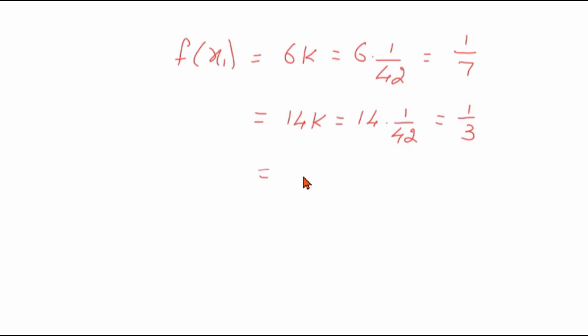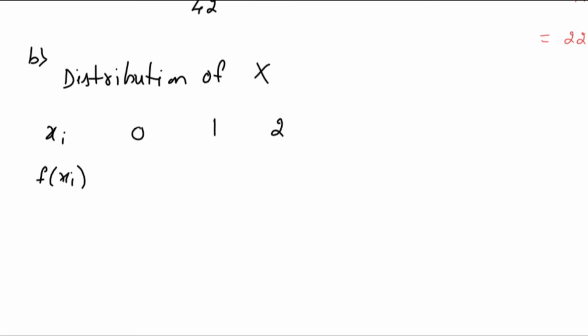The next value is 22 times 1 by 42, which is 11 by 21. So you can plug these in over here: 1 by 7, 1 by 3, 11 by 21. Similarly, I'll find the distribution of Y.